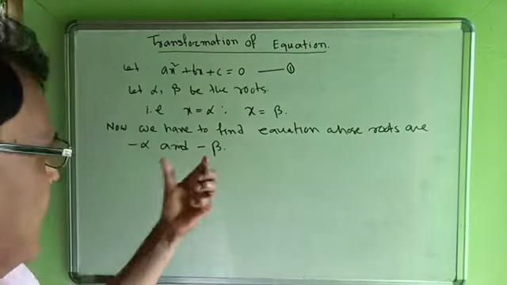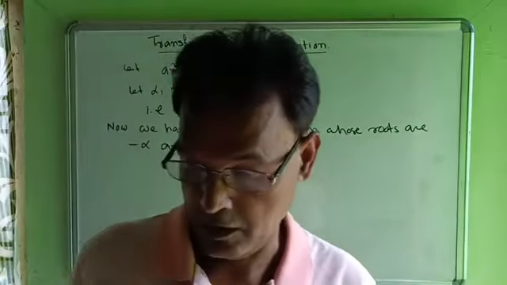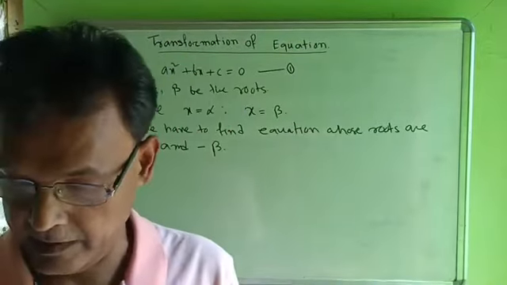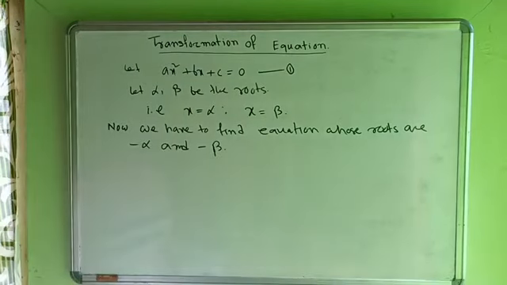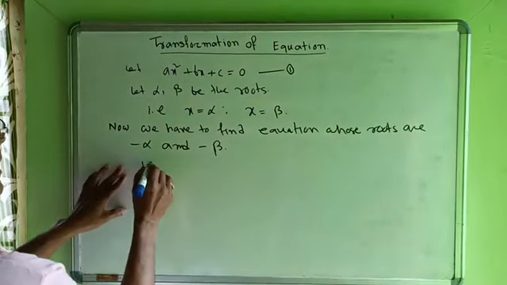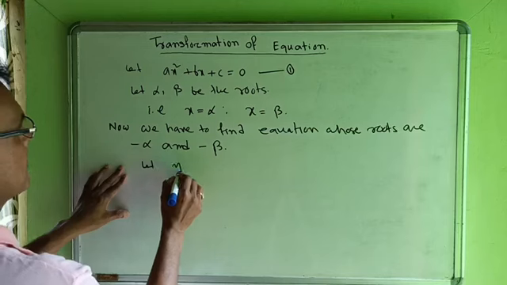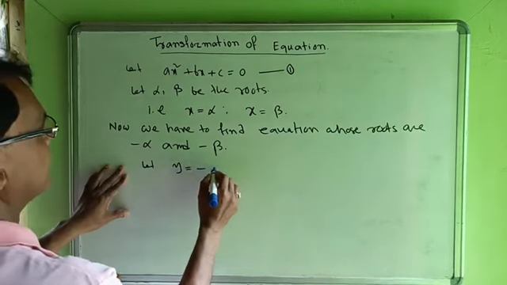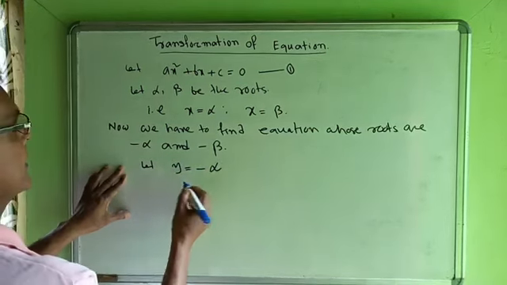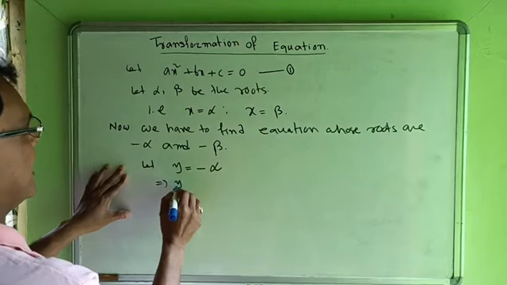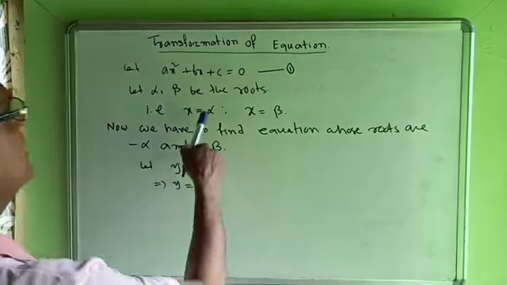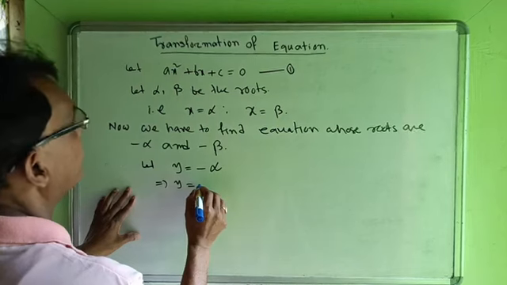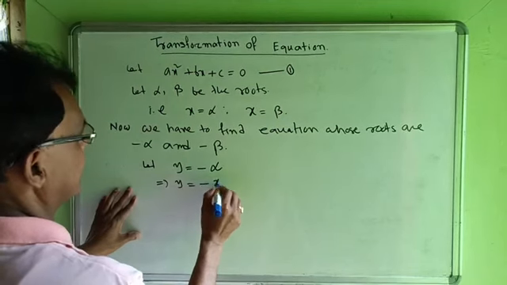How do we find the equation whose roots are minus alpha and minus beta? Let one variable y be equal to minus alpha, where alpha is the value of x. Therefore y is equal to minus x.